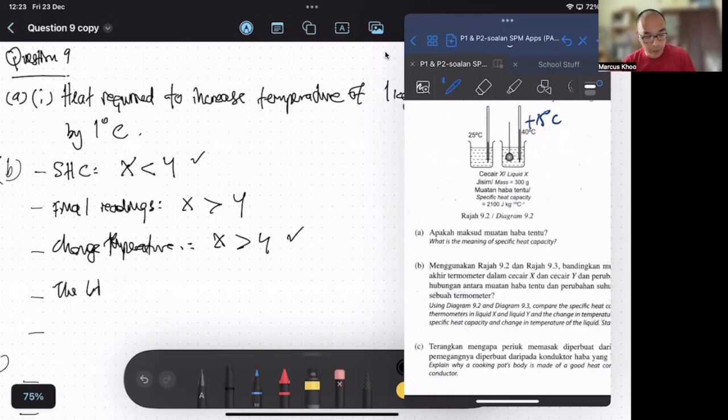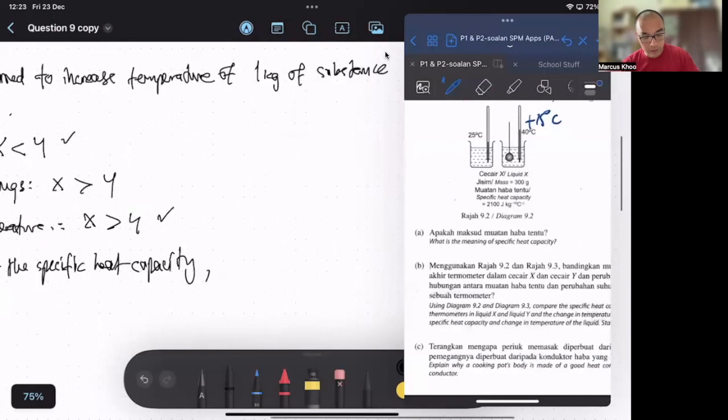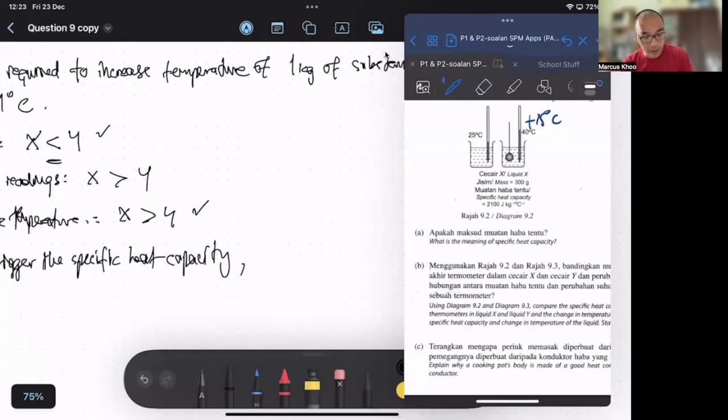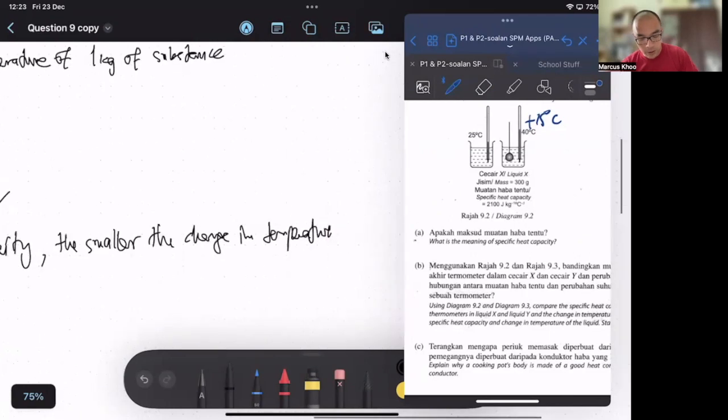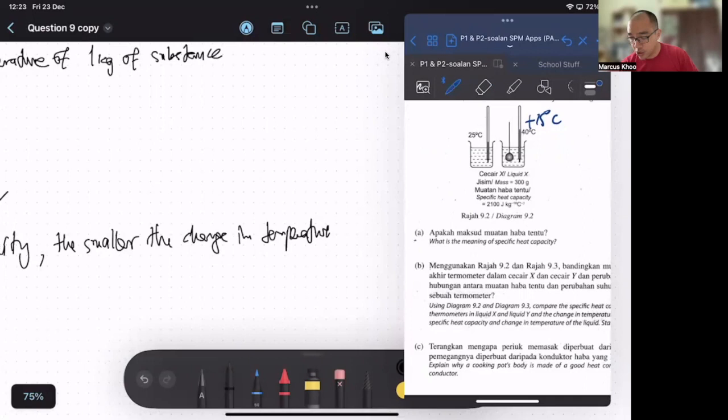So the bigger the specific heat capacity, remember, it is a different direction, so the smaller the change in temperature.